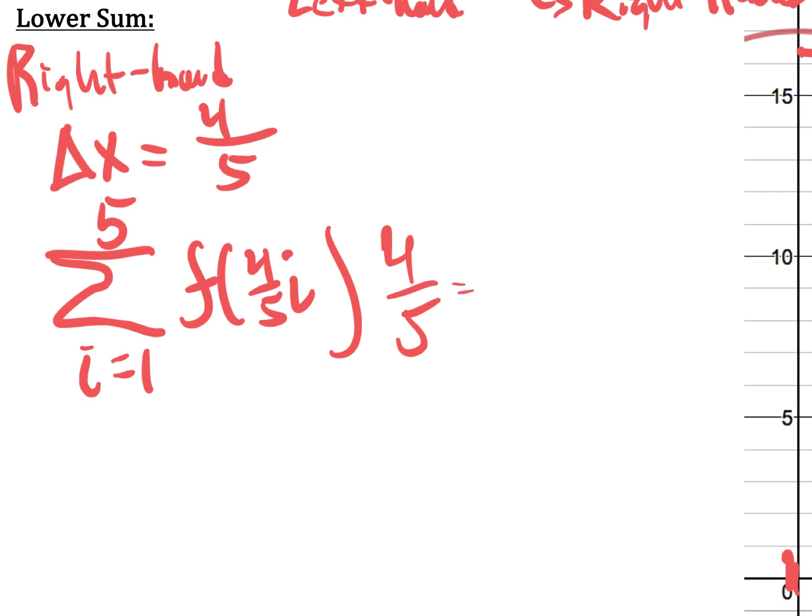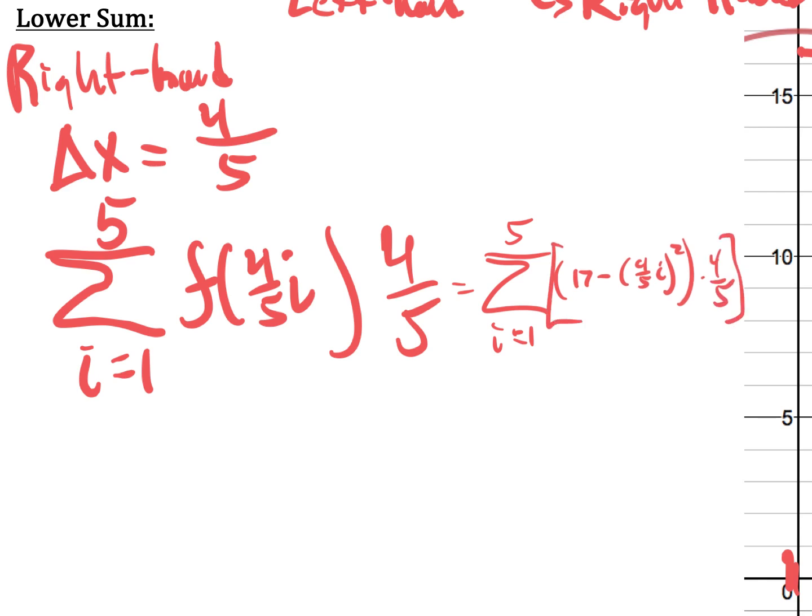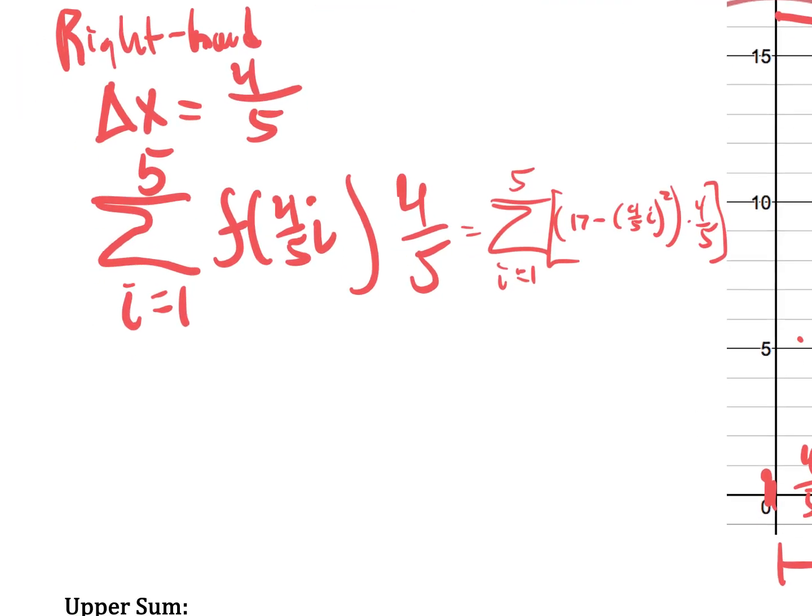Using algebra, we can replace this here. This is the sum from i equals 1 to 5 of f of 4/5 i. Well, now f was 17 minus x squared. So in this case, 17 minus 4/5 i squared times 4/5. All right, and this probably should be in big parentheses because it's all in the summation. Okay. All right.